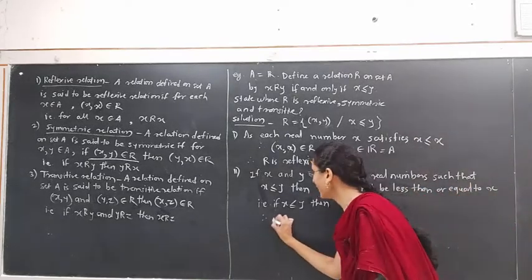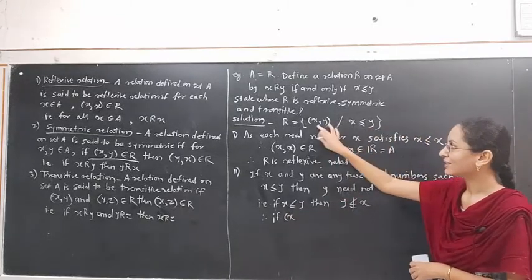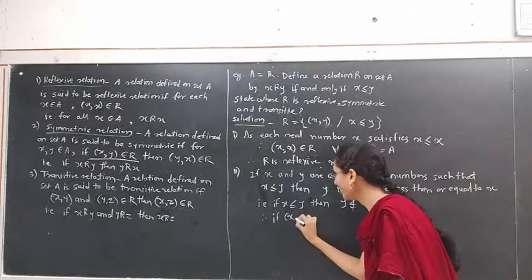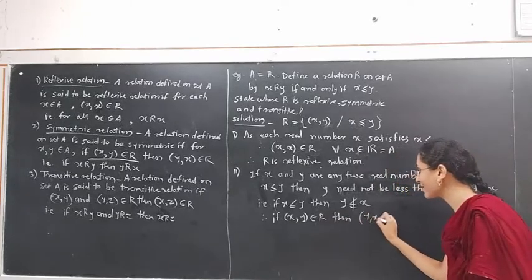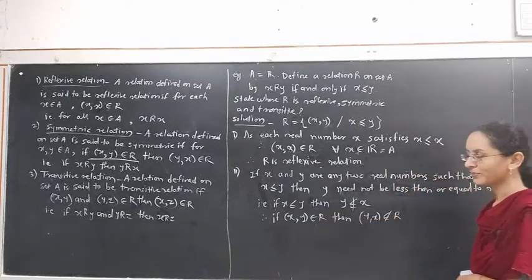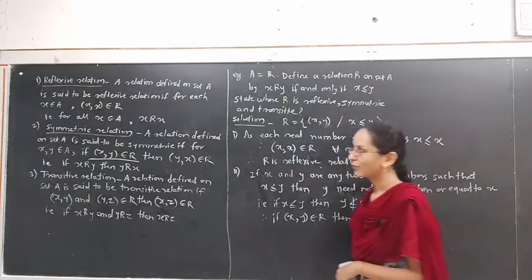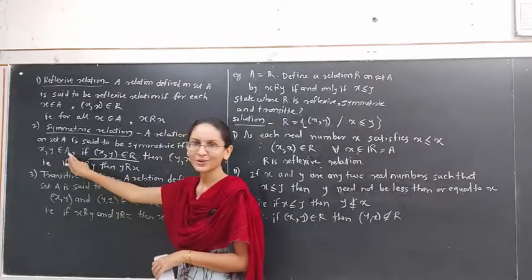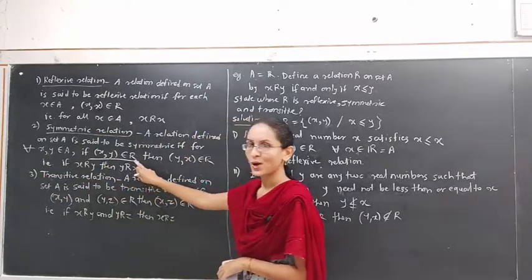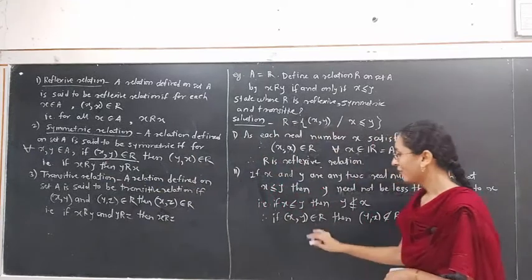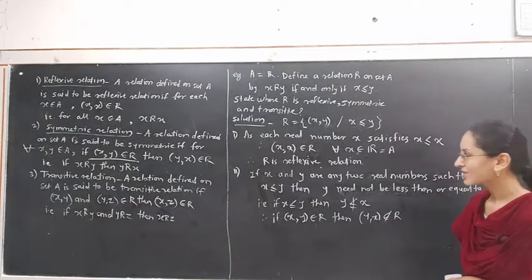That is, if the ordered pair (x, y) belongs to set R, then (y, x) does not belong to set R. Hence this relation R is not symmetric, because we should have, for all x, y belonging to A, if (x, y) belongs to R, then (y, x) belongs to R. We have for (x, y) belonging to R, (y, x) need not belong to R, hence R is not symmetric.